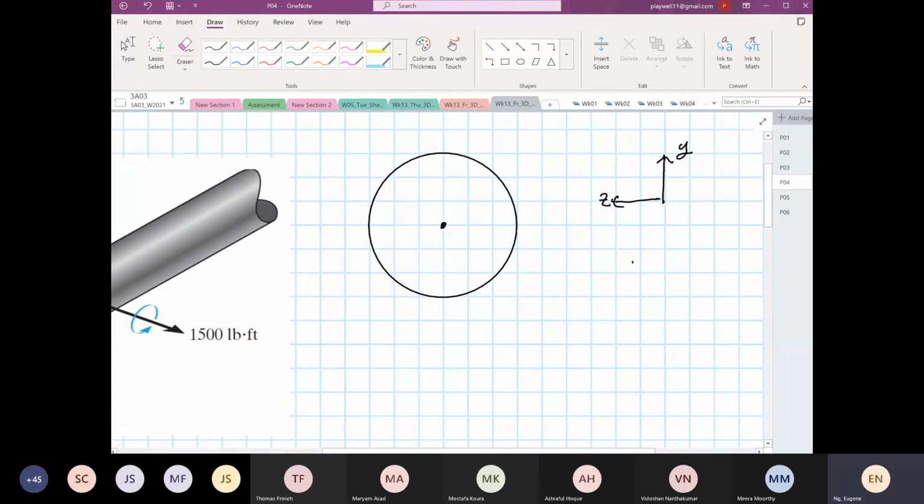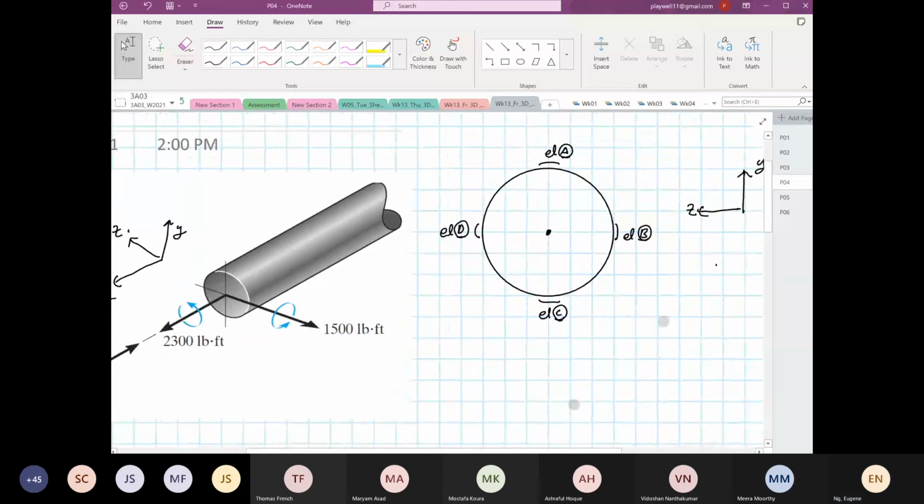So we know that this is element A, over here element B, over here element C, then over here is element D, right? So which element has the highest stress based on the loading condition? So you have to analyze again. Which element has the highest stress?